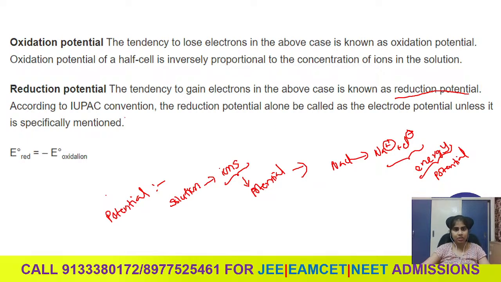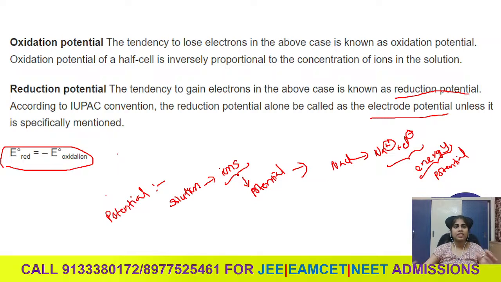So according to IUPAC convention, the reduction potential alone can be called as the electrode potential. It can be simply known as the electrode potential with this notation.